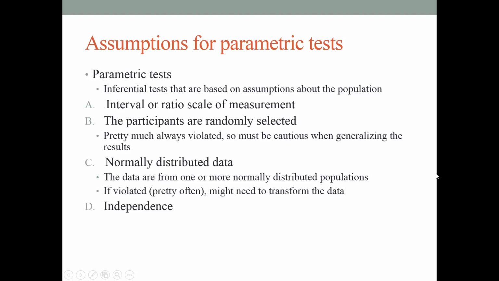Okay. The fourth one is more like a research design. We assume all the participants are independent from each other. The behavior or the answer of one participant does not influence another. So, for example, if I want to know how much students in my class like the class, and I ask in front of everybody, hey, how much do you like the class?